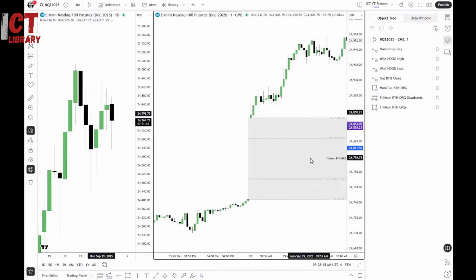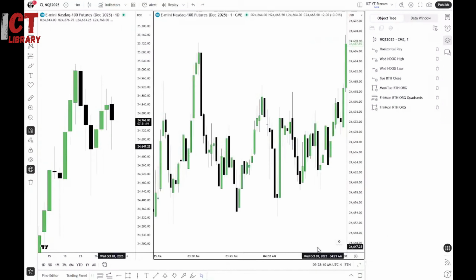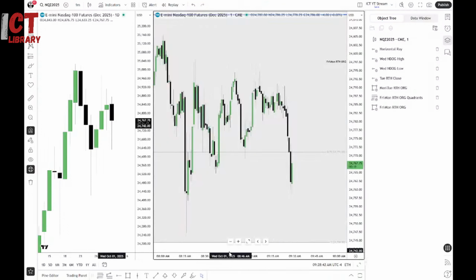Now I didn't put the midpoint or consequent encroachment level because I'm using the label to draw my focus to where half of that would be. Because if I put the 50% level on the fib, it makes this where you can't read it. Okay. So I just eyeball the midpoint. So we have electronic trading hours again, and we're going to go back to this.